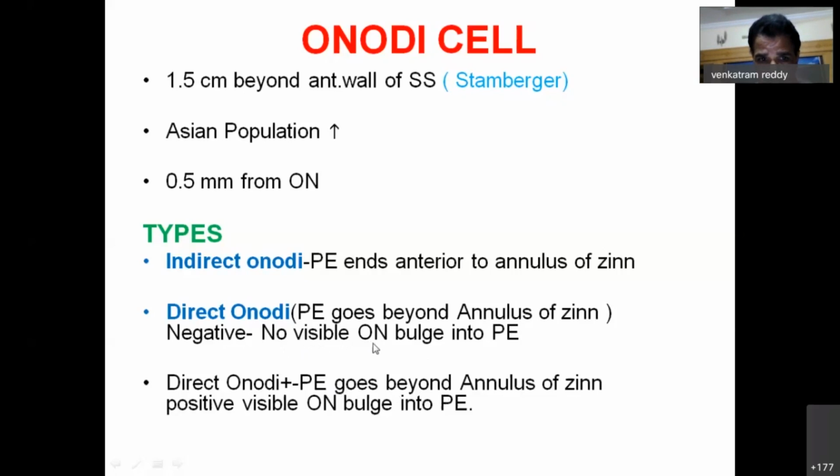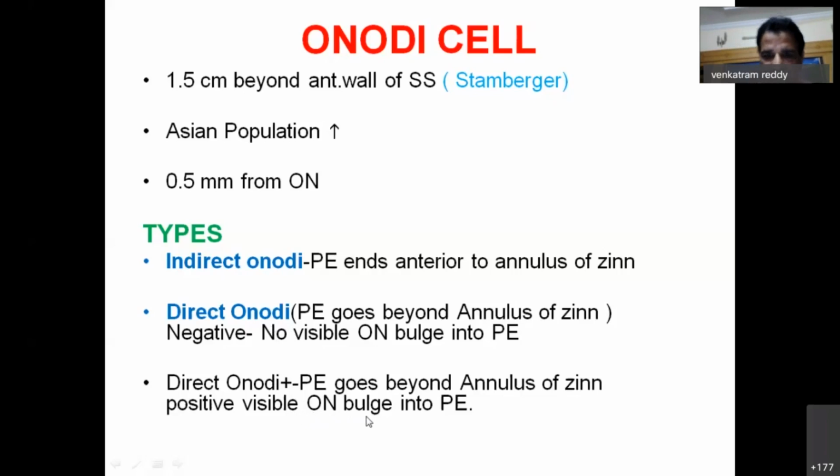A direct Onodi negative has no bulge. A direct Onodi positive has an optic nerve bulge, and this is very risky for the endoscopic sinus surgeon, who may injure the nerve while doing posterior ethmoidectomy and sphenoidotomy. So one has to identify whether we are dealing with a direct Onodi negative or positive. A direct Onodi positive is the most important for the endoscopic sinus surgeon, especially to avoid injury to the optic nerve.